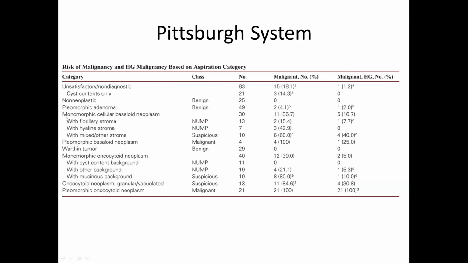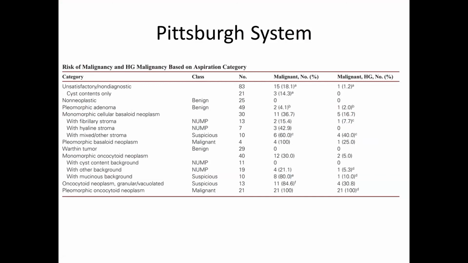So, for example, if you have a basaloid neoplasm, that on the whole has a risk of malignancy of 37%. And if you look at these aspirates and you characterize them based on what type of stroma you encounter, you can refine the risk of malignancy even further. So basaloid neoplasm with a fibrillary stroma is a 15% risk of malignancy versus with hyaline stroma, for example, 43% risk of malignancy.